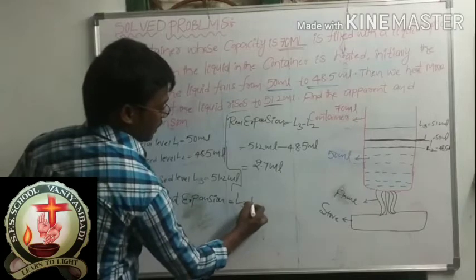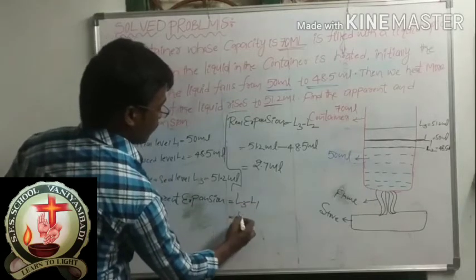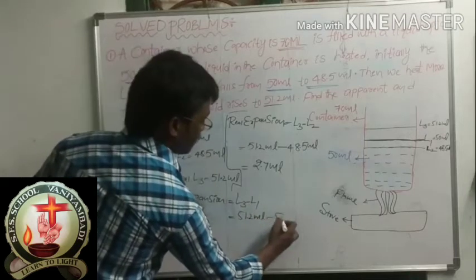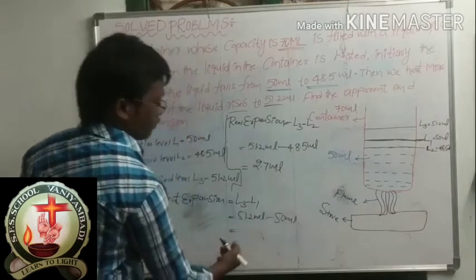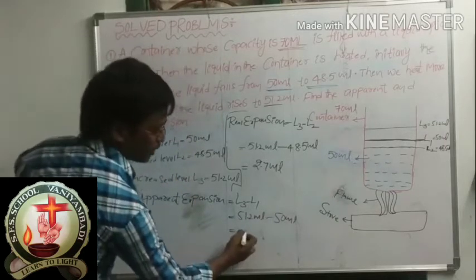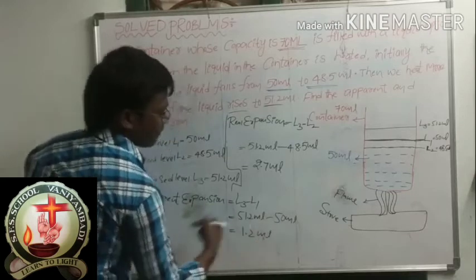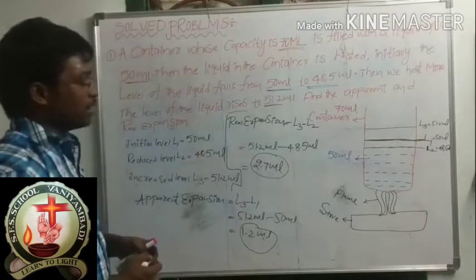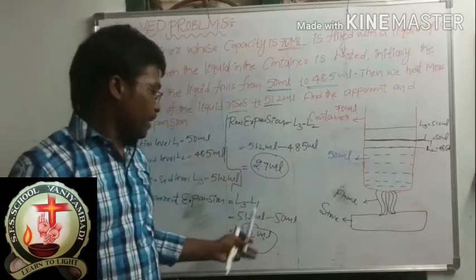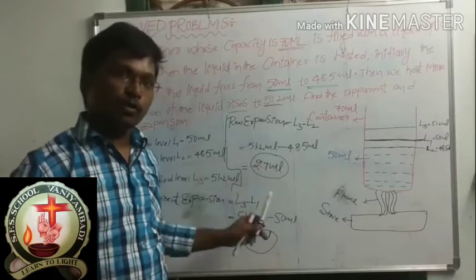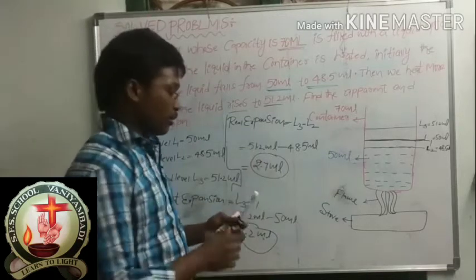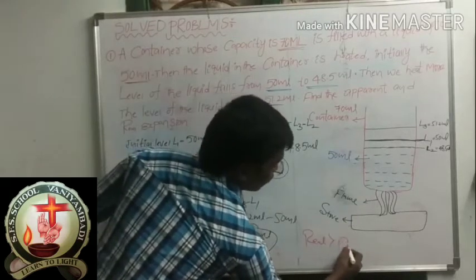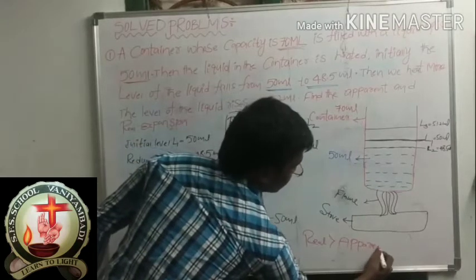So here the L3 value is 51.2 ml minus the L1 value, 50 ml, which is equal to 1.2 ml. You can observe this is the real expansion, this is the apparent expansion. Real expansion is 2.7, apparent expansion is 1.2. Which is more, 2.7 or 1.2? 2.7. So real expansion is more compared to apparent expansion.